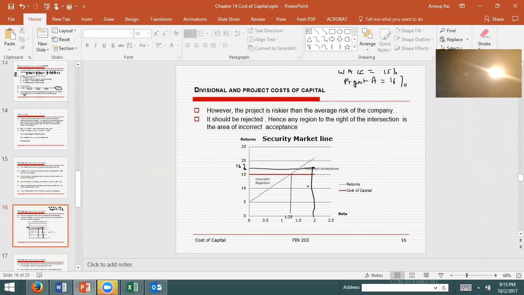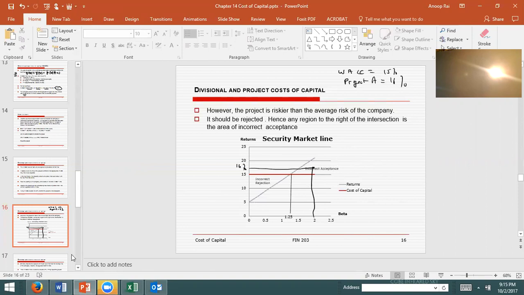And technically, a project with a beta of 2 should be giving 20% at that point. We call this the area of incorrect acceptances. In other words, you may accept it when you shouldn't be accepting it.